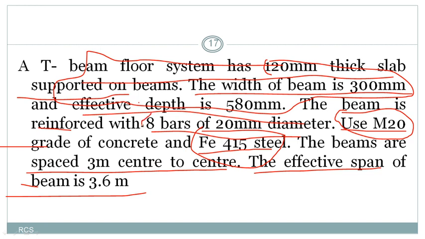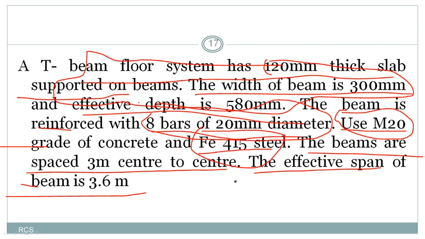But the area of steel is not directly given; the number of bars is given. From that we can calculate the area of steel. So it is definitely a type 1 problem. Other inputs given are the center to center distance between the beams, 3 meters, and the effective span, 3.6. So it is a type 1 problem, and we have to calculate by assuming our neutral axis falls in the flange.